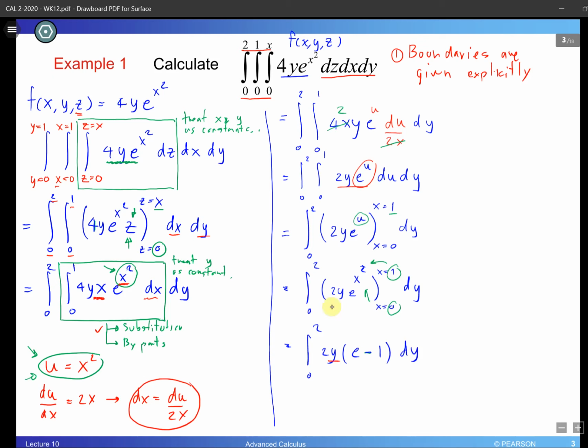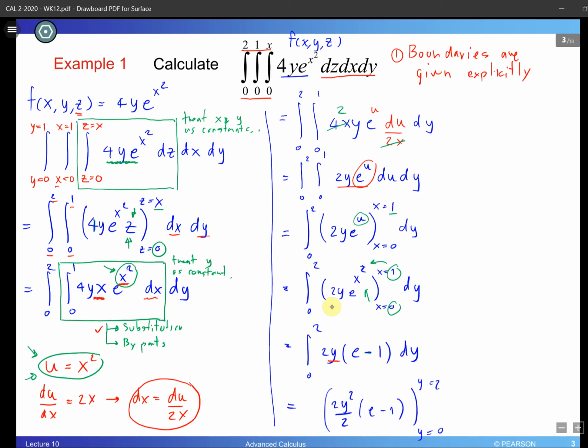So this is going to be equal to 0 to 2, and we have this 2y squared over 2. Oh, this should be gone already. Alright, y squared over 2, and constant still there, e minus 1. And we are supposed to evaluate this at y equal to 0 and y equal to 2.